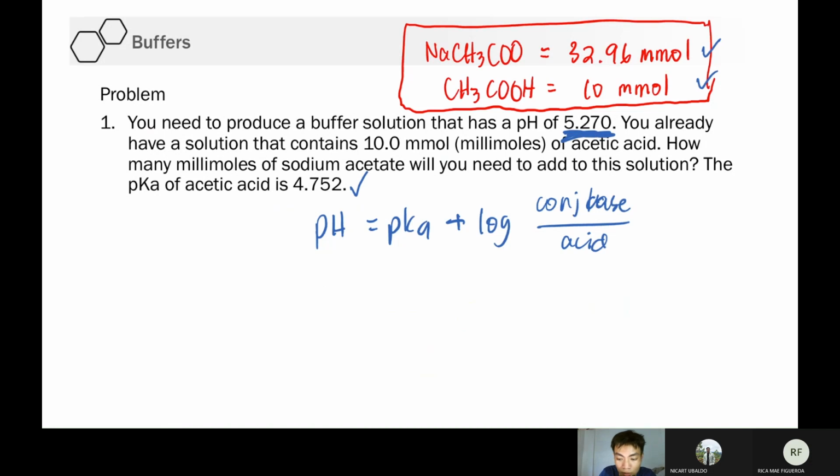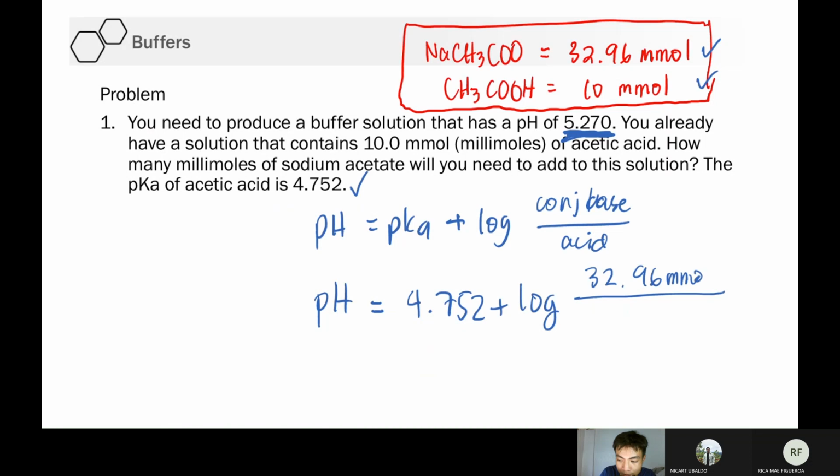So, let's double check kung yun din yung lalabas. So, pKa is 4.752 plus logarithm ng yung conjugate base sa taas, yung salt, 32.96 millimole. Yung nasa baba ay yung acid, 10 millimole. Solve natin yung pH.